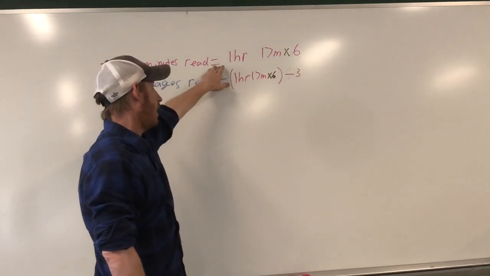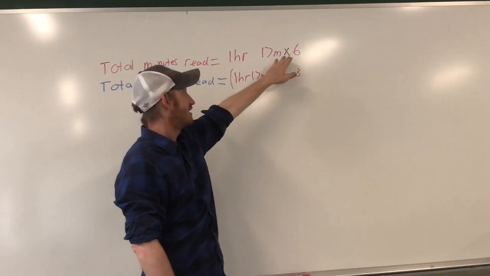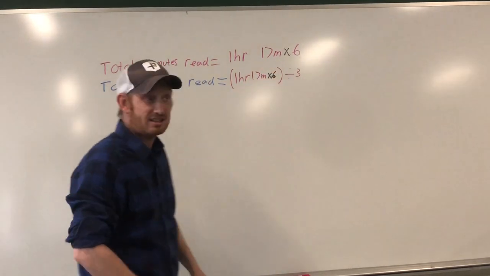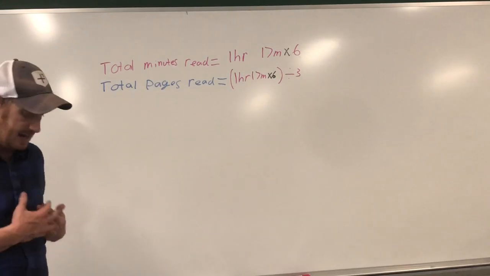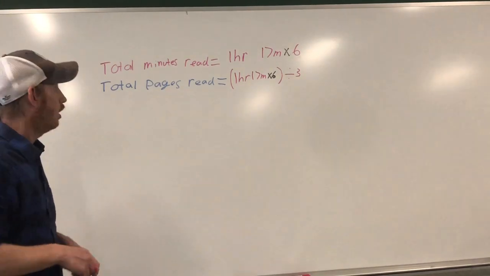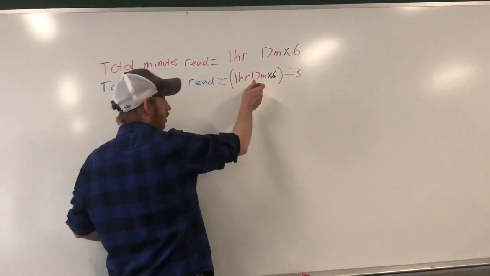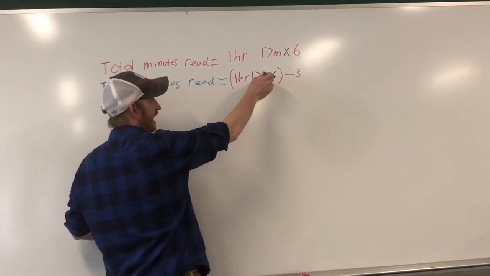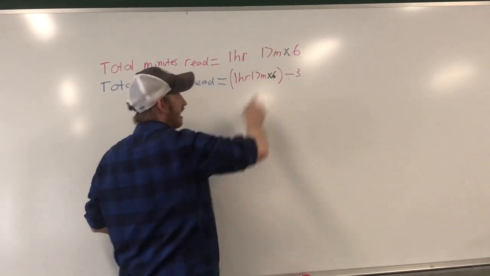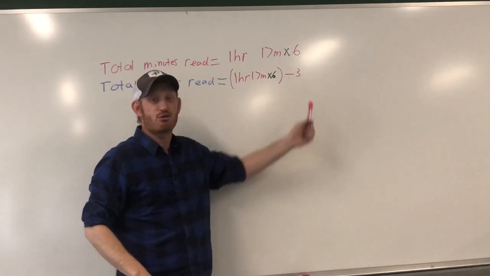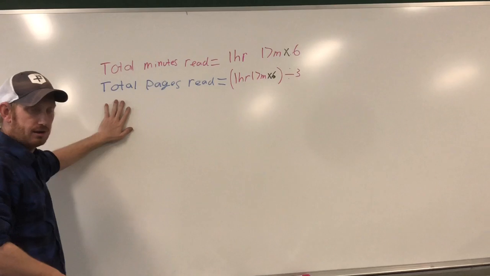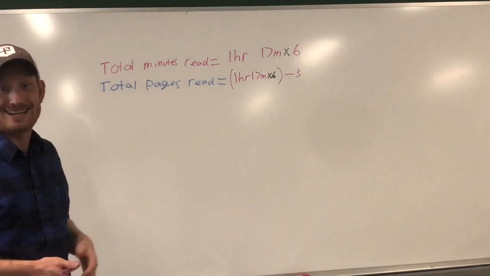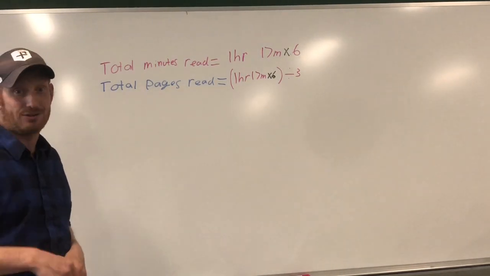So it's 1 hour, 17 minutes times 6. That's going to give us the total amount of minutes that we read over those 6 days. Then we're going to take that number and divide by 3, and that's going to give us the total pages read, because it takes us 3 minutes to read 1 page.